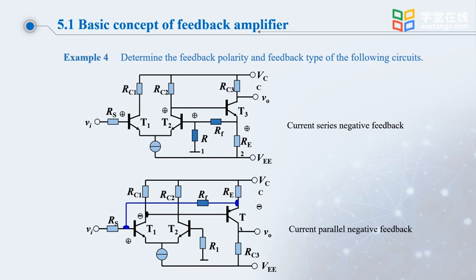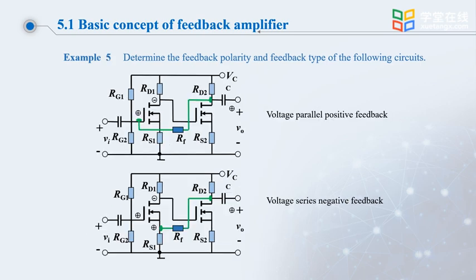Now that we are in parallel, the flow direction of current on the feedback element is of concern. The emitter of T32 is instantaneous negative. So the flow direction is left to right. It's weakening the net input signal, so it's a current parallel negative feedback.